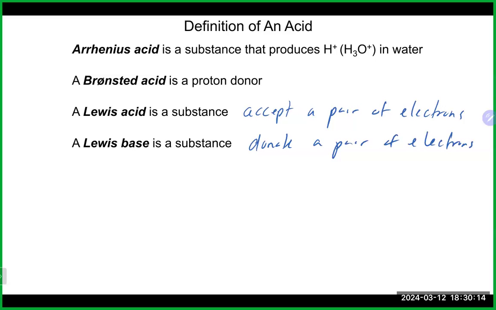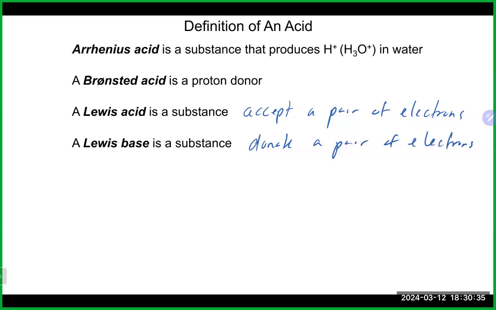So it's opposite of Bronsted-Lowry in terms of accepting and donating, and it's also about electrons rather than H pluses. We will see Lewis bases and Lewis acids later on in the semester when we talk about transition metals and complex ions. That's all about Lewis acid-base interaction.